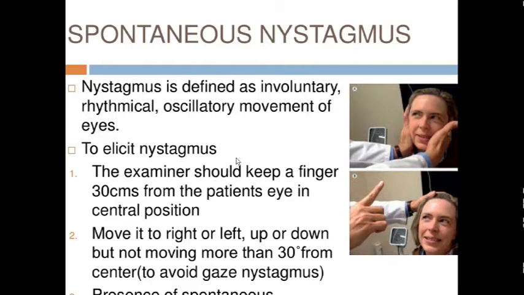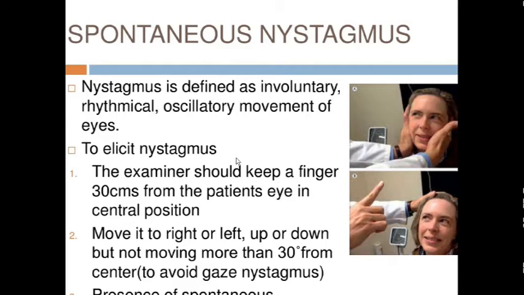How will you elicit that? The examiner should keep a finger 30 centimeters from the patient's eye. And in all the directions you have to go: right, left, up, down. When the patient tries to move his eyeball, if the patient has nystagmus, you can see it. But while doing the nystagmus test, please remember, ask the patient not to focus very sharply on your finger.